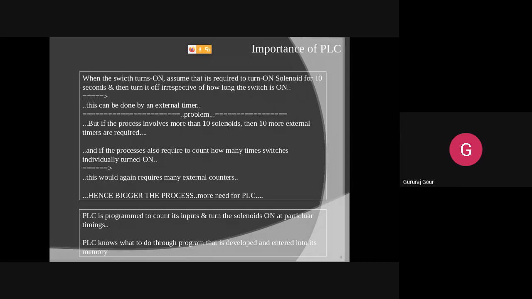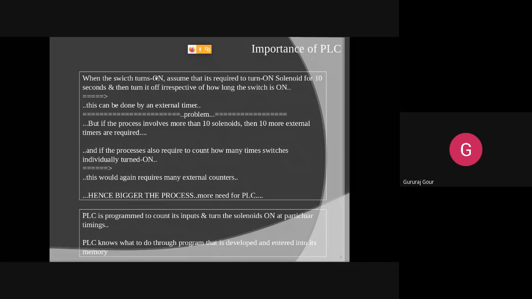We'll have one switch, and with the help of that we are going to turn on the solenoid. A solenoid is something like an electromagnet. Assume that it's required to turn on the solenoid for 10 seconds, then turn it off irrespective of how long the switch is on.